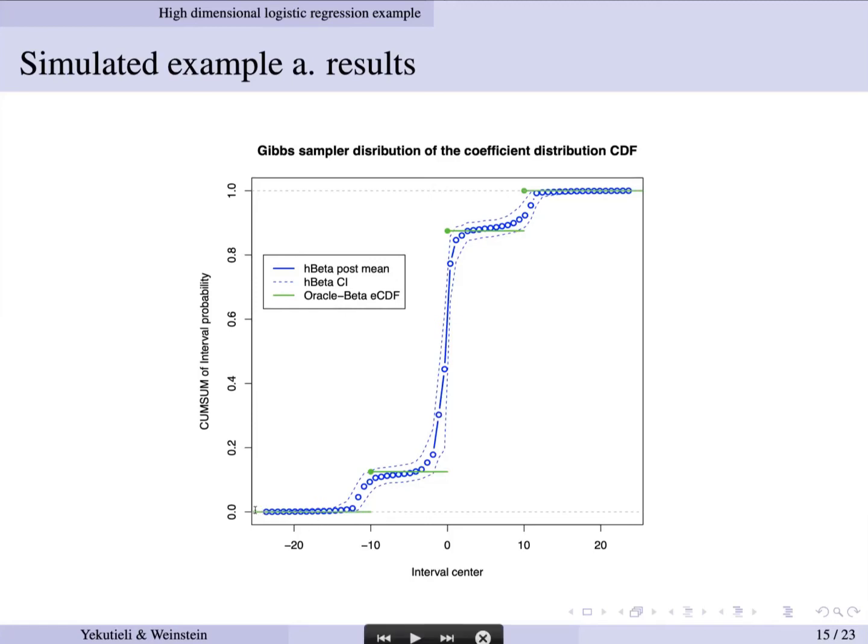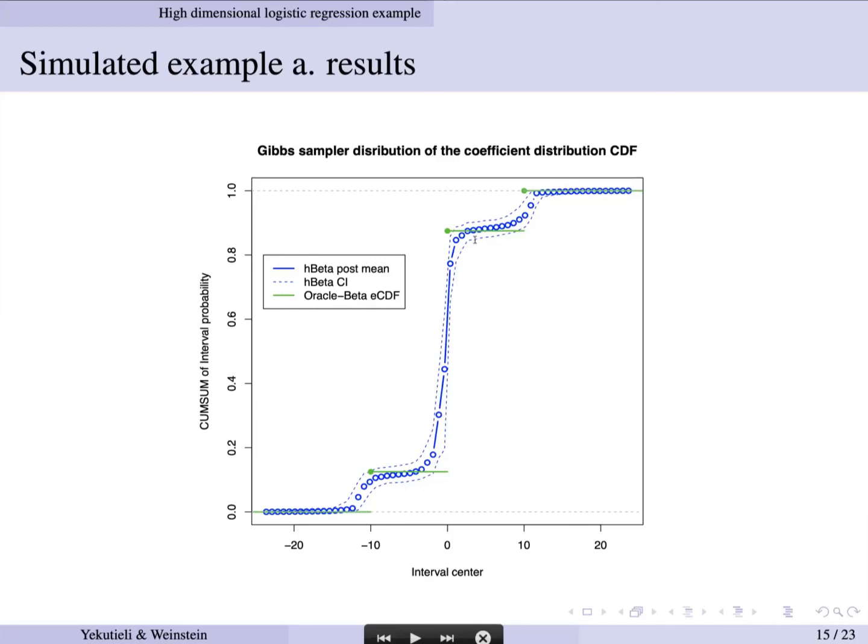The distribution has a point mass of 1/8 at minus 10, a point mass of 6/8 at 0, and a point mass of 1/8 at plus 10. The green is the oracle. This is what we're trying to estimate.